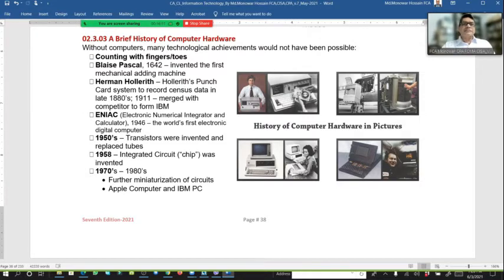In 1950, transistors were invented and replaced the tube. In 1958, the integrated circuit, that means the chip we are using at this moment, was invented. From 1970 to 1980 came further minimization of the circuit, the Apple computer, IBM PC, etc. This way, we see the history of computer hardware.